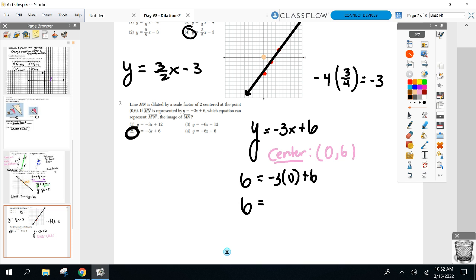Negative 3 times 0 plus 6. They'll equal each other. If the point is on the line, you should be able to plug it in for x and y, and both sides will be equal. That's how you know if a point's on the line or not without having a graph. Point on the line, no change. Point not on the line, same slope, multiply by the scale factor to get the y-intercept. Good?